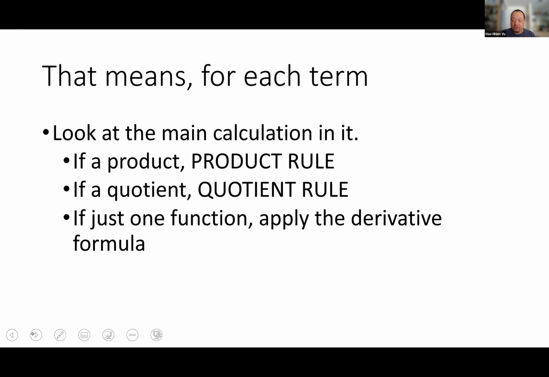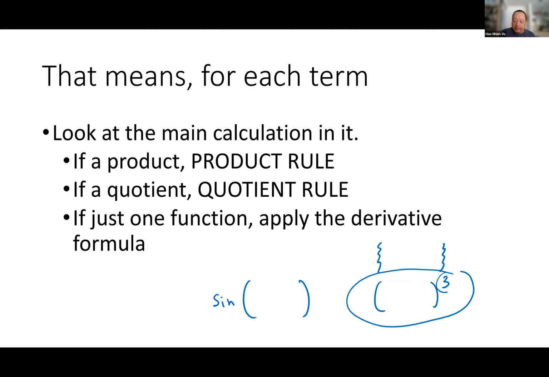If you don't see a product or a quotient, it's just one big function. For example, it's like one big cube or one big sine of something. Then just apply that formula. If you see something cubed, then just apply the formula, put the 3 in front and cut this down to a 2.